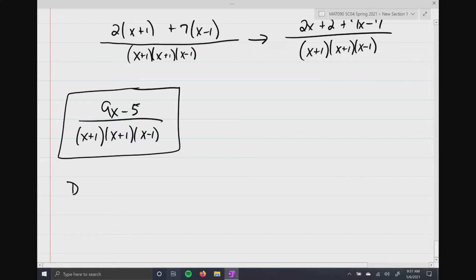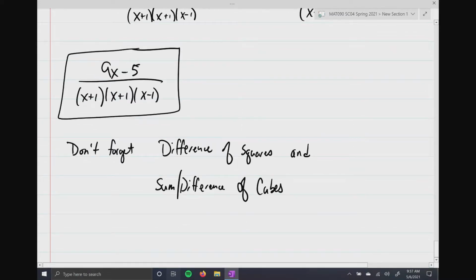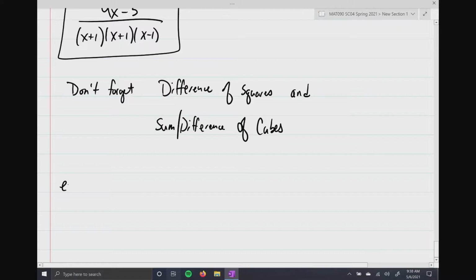So I'm going to write, don't forget difference of squares and the sum/difference of cubes. All right? Because you were totally going to see them. So real quick, here's an example of each.